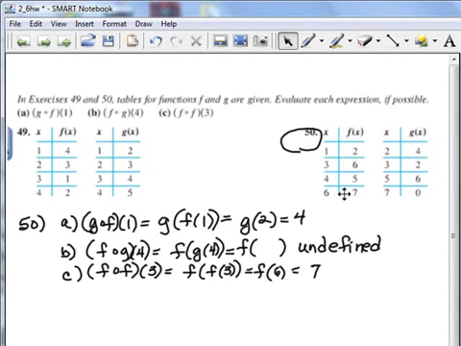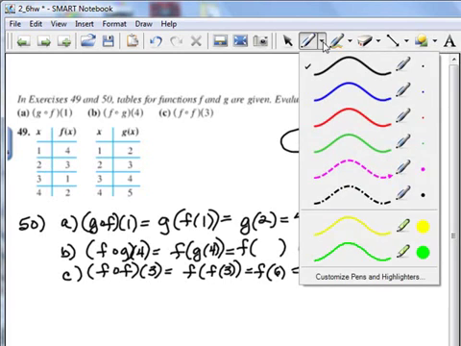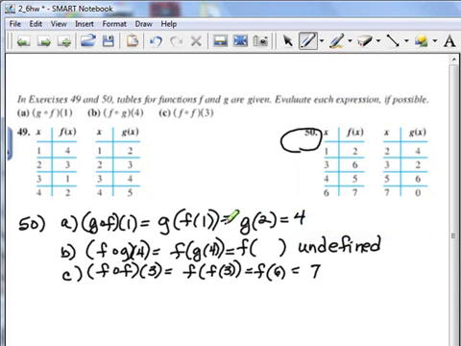So we look at the table for f, and in the table for f, f of 1 is 2. So this is equivalent now to finding g of 2. So we go to our function g, and g of 2 is 4. So our output there is 4.